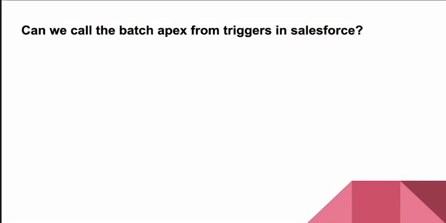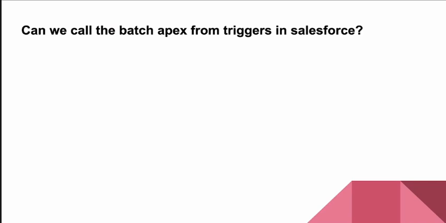Can we call a batch from triggers in Salesforce? Yes, we can do it, but we should not call the batch from a trigger each time, as this will exceed the governor limits. We should think about the limits as well.